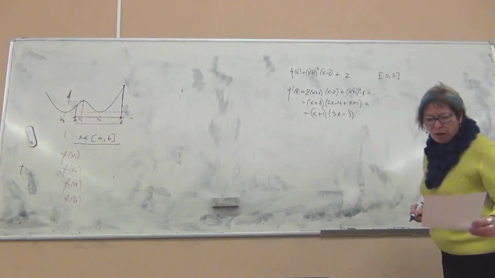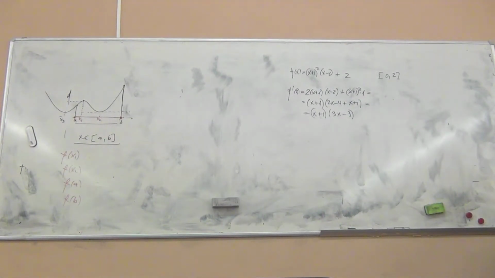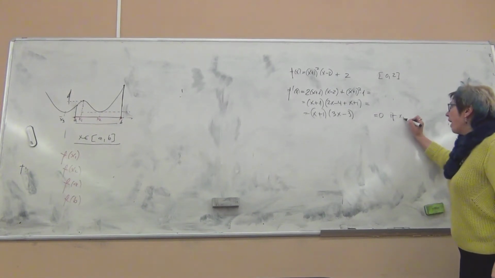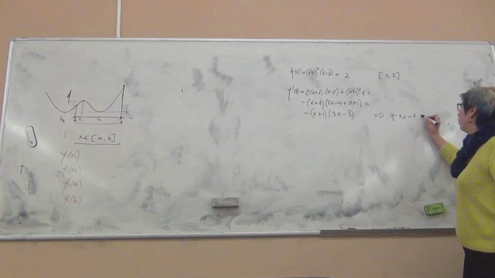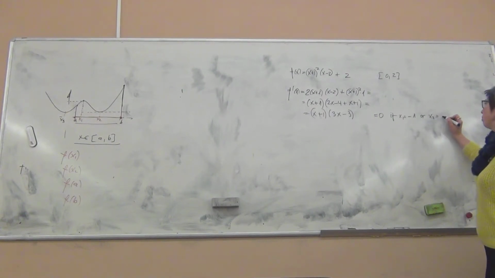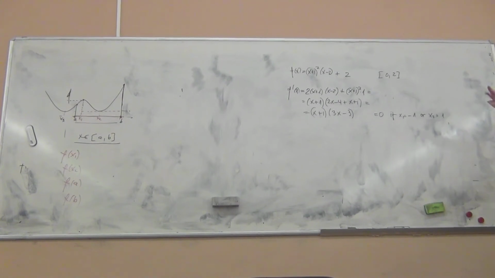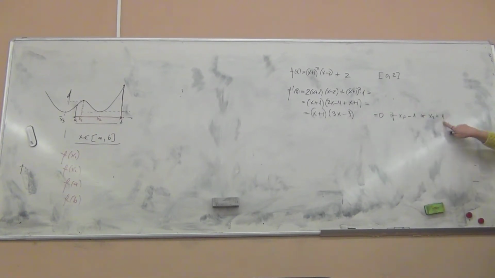Yes, I can take 3 out. It's not strictly necessary, because from this I see this is 0 if x is minus 1 or if x is plus 1. If I can see the root, there's no need to do anything more. I look at this and I already see the root. Or we can take 3 out of that second factor.